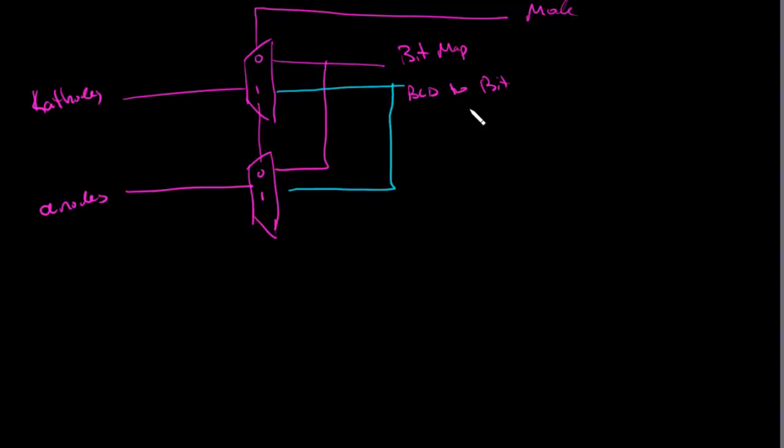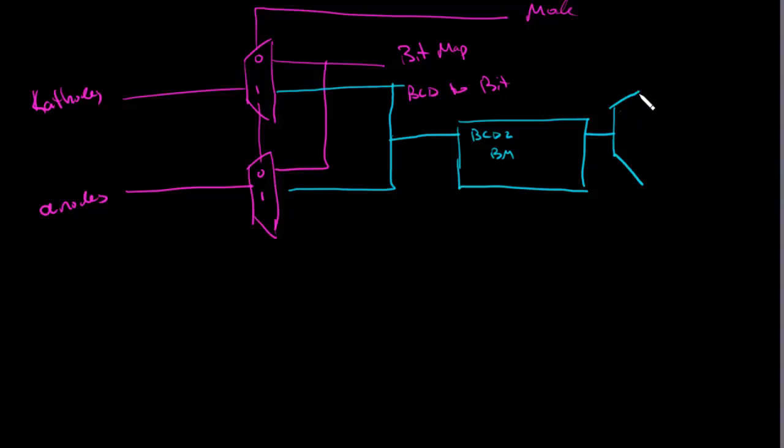And just like I have here, I have that BCD to bitmap, or BCD to the cathodes and anodes. It had BCD in, and I'm going to have one more multiplexer here. That's also going to be driven by the mode.